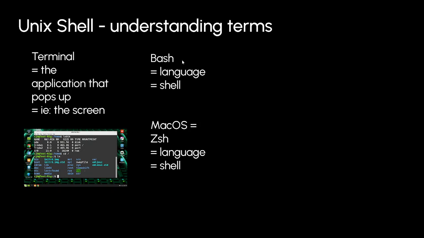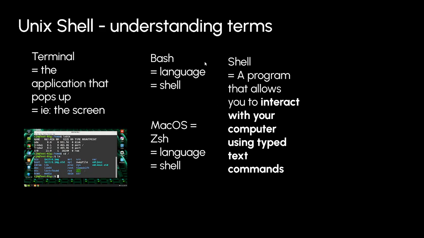So this is the language that you're typing, and again, it's a language, right? I'm going to emphasize the language because you can type ZSH or bash into a Google Doc, or into Google Slides if you wanted to, but it doesn't matter because nothing can understand it. And that's when you get to the shell part of it. So bash and ZSH are both the language and a shell.